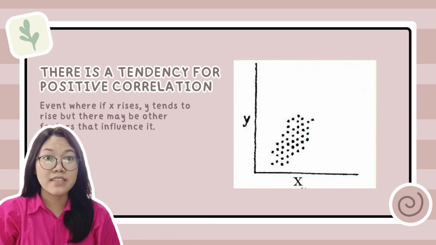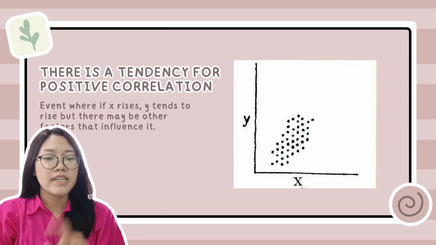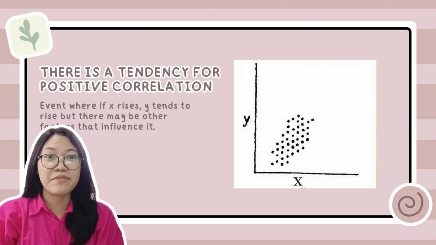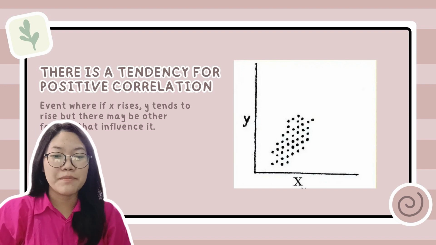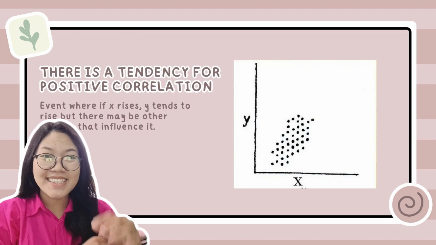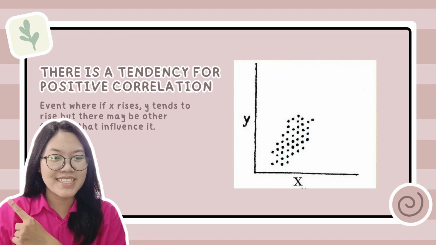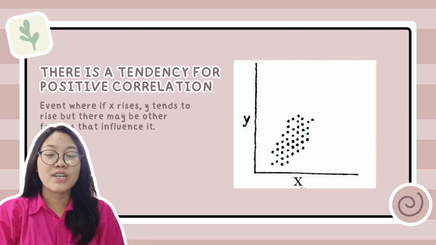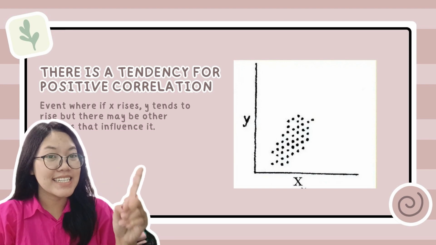So they rise together, but not due to the same factor like the positive correlation before. We can see from the picture it's a little different from the previous positive correlation. That's why this graph is called there is a tendency.